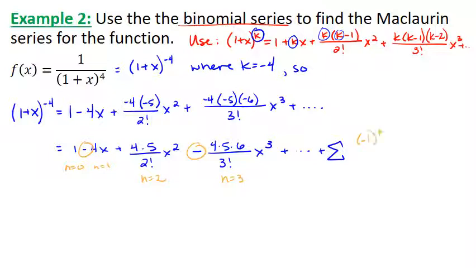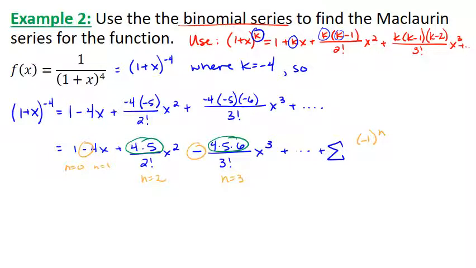I'm noticing that we will have a -1 to the nth power. I'm also noticing that I have x to the power of n. Okay, but then I also have something that I'm noticing here and here.